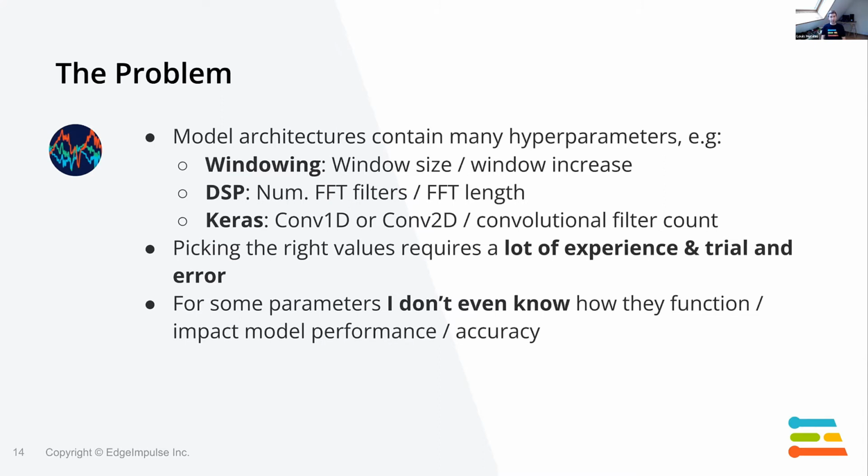Whether you just want to use dense neural networks or Conv1D, Conv2D, or even some custom blocks. And then picking the right values requires a lot of expertise and experience, and it's always back and forth. You test things, you see the results, and then you test something else, and it can be really tedious and long. And for some parameters, I don't even know how they function, what the impact on the model will be. That was the case, for example, for the frame stride.